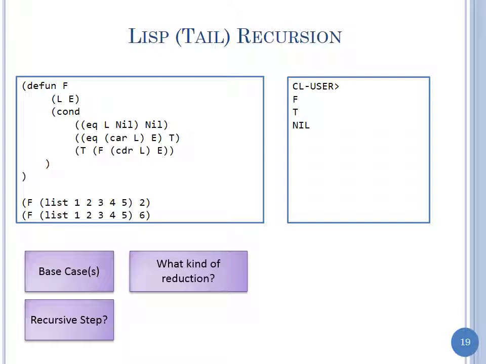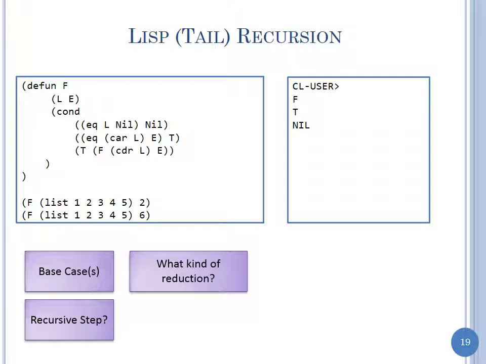Is E equal to the head of the list? So I take the first item in the list and see whether E is equal to that. Okay, so E must mean an element type. L must mean the list type. And if it is equal, I say true. Otherwise, what am I doing in English?